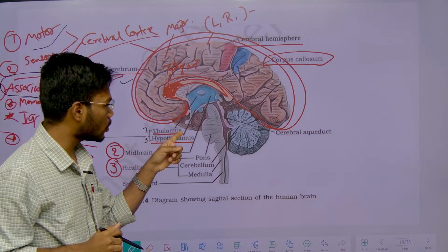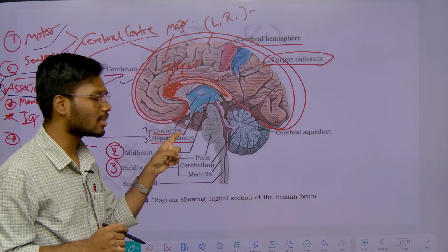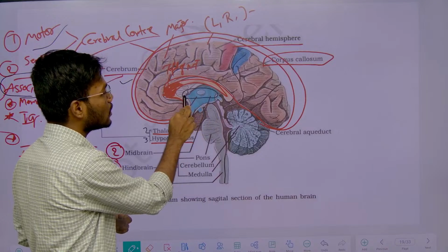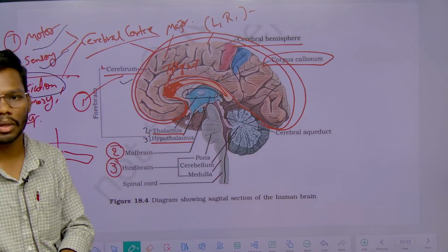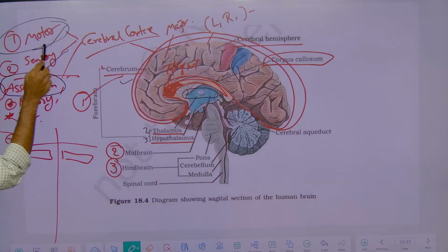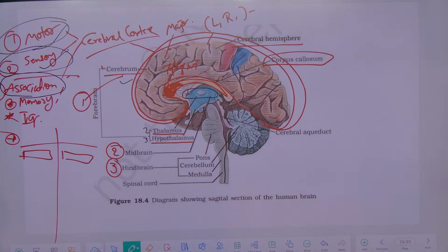Next, coming to the next part, which is called the thalamus. If you see, this thalamus is surrounded by the cerebrum. It is also involved in motor and sensory functions. The thalamus is also involved in controlling the signaling of motor and sensory information. Understand?